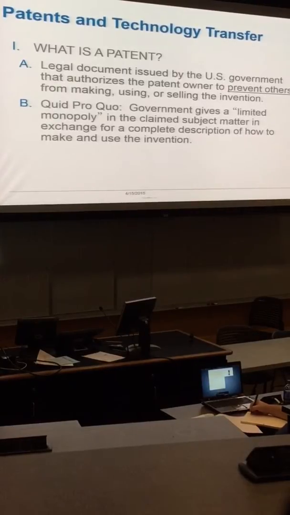And basically, there's a quid pro quo between the patent issuer, which is the government, and the patent owner, in that the government will give you a limited monopoly, that is to say, the right to prevent others from making the invention for a limited time. It's not forever, it's a limited time, in exchange for a complete description of how to make and use the invention.